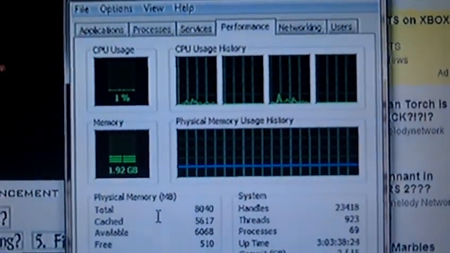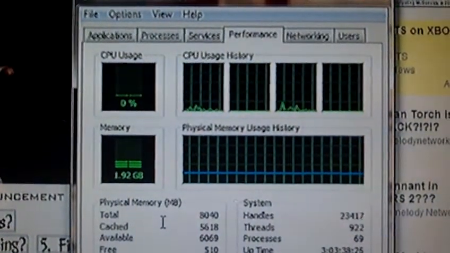That's all I have open. Look how much of that's eaten up. 2 gigs, okay? What the problem there is, my physical memory is eating up 24%. That's 2 gigs. It's confirmed that the Xbox eats up 3 gigs. So that means you only have 5 gigs tops for your games.